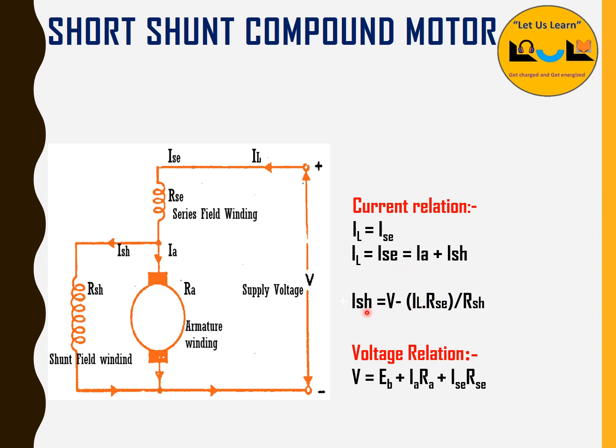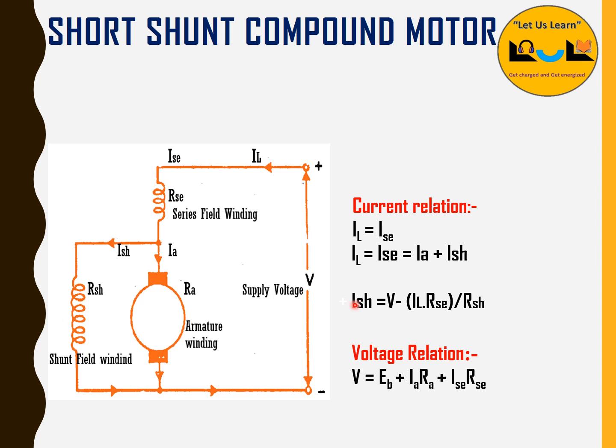So ISH is equal to V minus IL into RSE, divided by RSH. IL or ISE into RSE means that is the voltage across the series field winding, divided by the shunt field resistance.